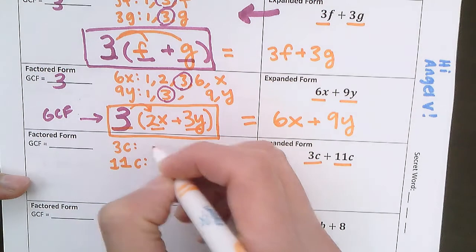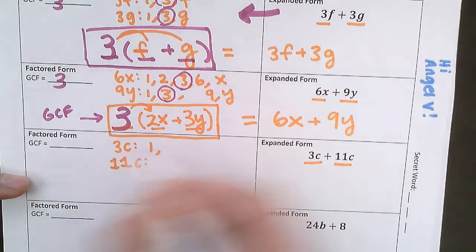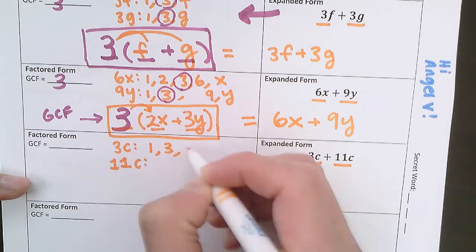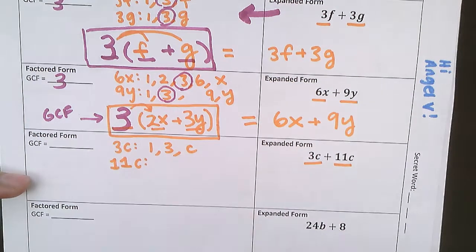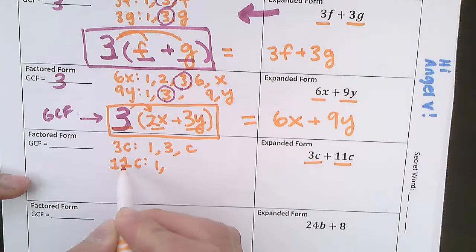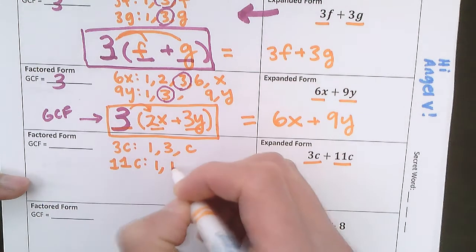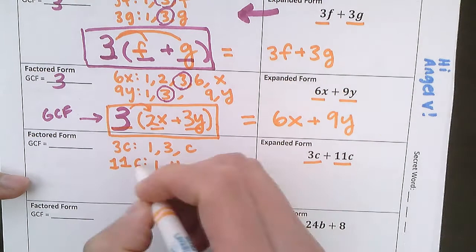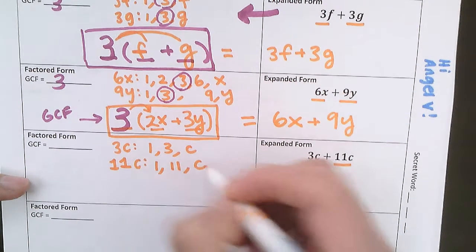The factors of 3c, 1 is always a factor. 1 times 3 gets me to 3. And then the variable itself is also a factor, c. For 11c, 1 is a factor. 1 times 11 gets me to 11, so 11 itself is a factor. No other numbers can go into 11 evenly. And then the variable c is also a factor.